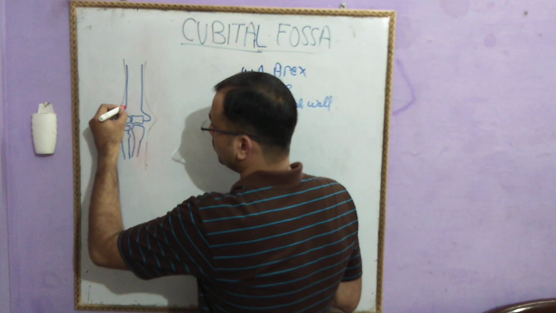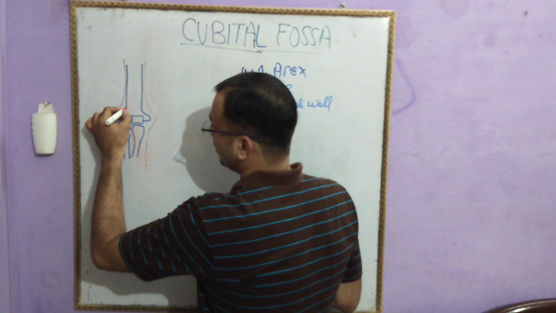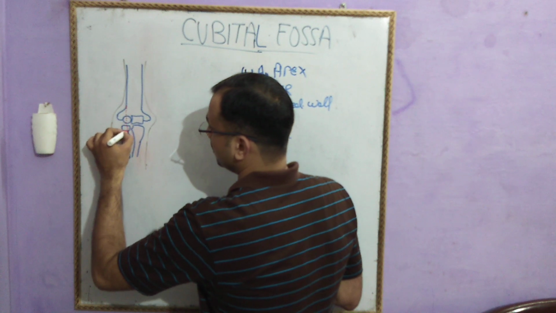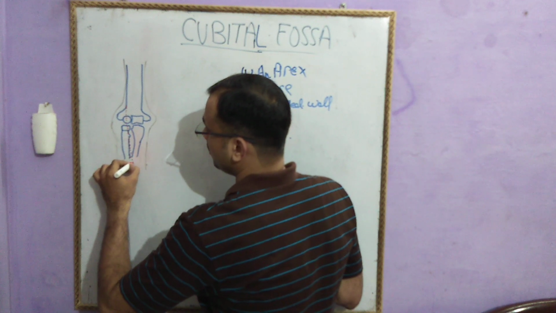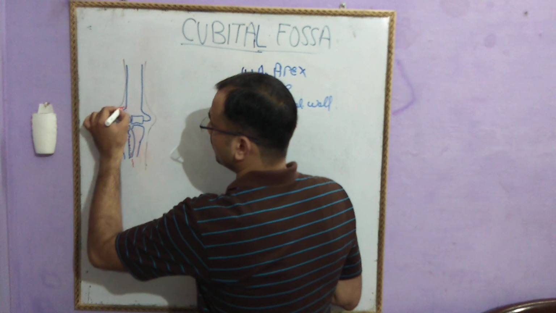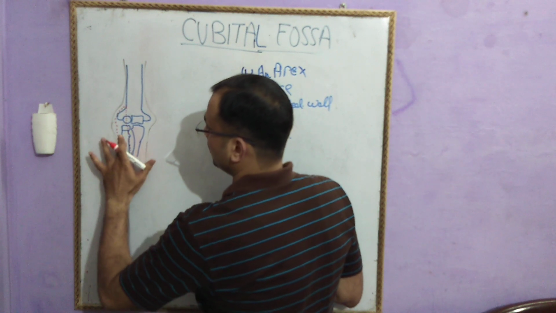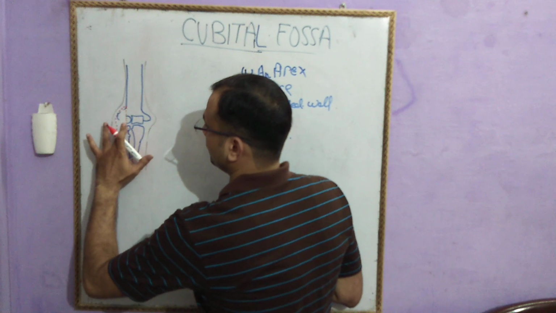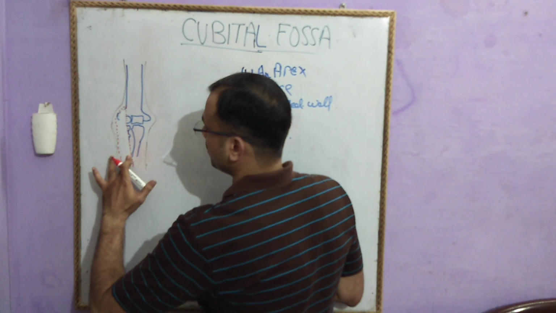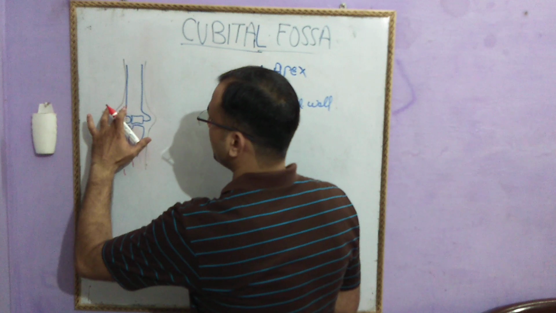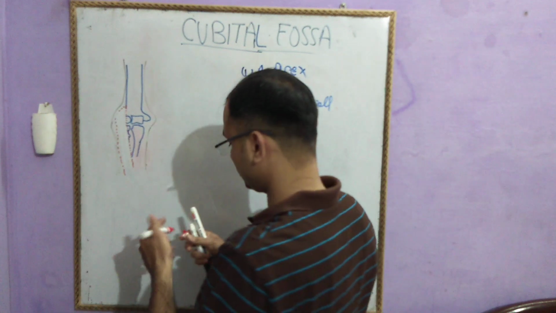From this lateral supracondylar ridge is the origin of the brachioradialis muscle.